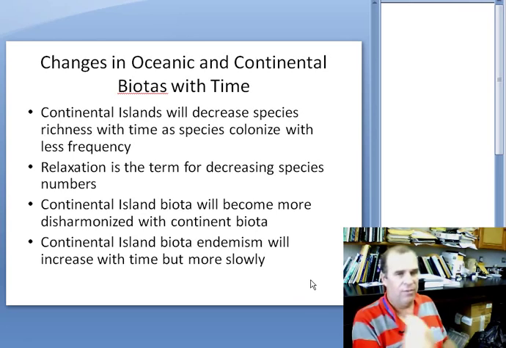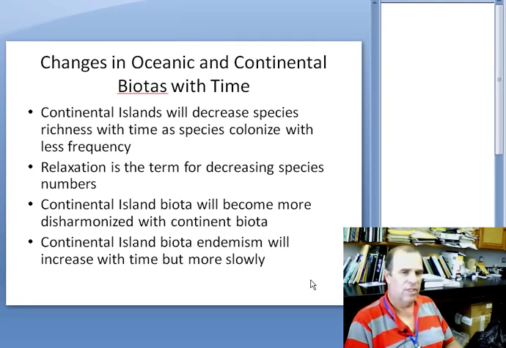Therefore, if a species went extinct on that continental island, it is less likely to be replaced. So the number of species on these continental islands will begin to fall, and this is known as a process of relaxation. Continental islands are thought to decrease in their species richness over time.